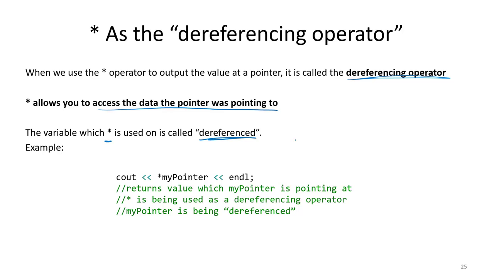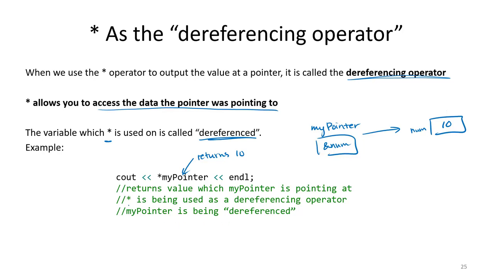For example, if I write cout asterisk my pointer, and suppose my pointer is pointing at some variable num, maybe num contains the value 10, cout asterisk my pointer will return 10, or output 10 to the screen.